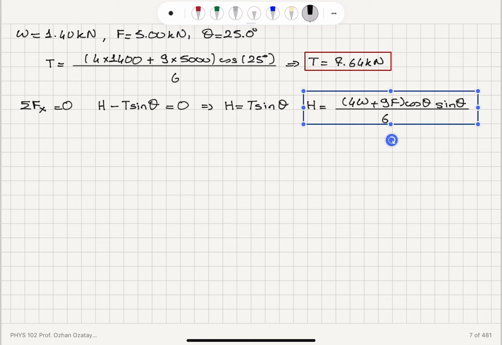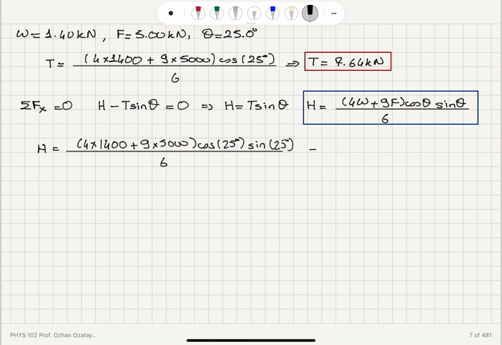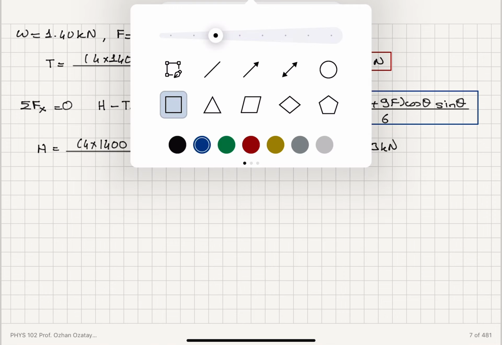Now, if I substitute the numbers here, the horizontal force is equal to 4 times 1,400 plus 9 times 5,000 cosine 25 sine 25 divided by 6. This gives me a horizontal force of 3.23 kilonewtons.